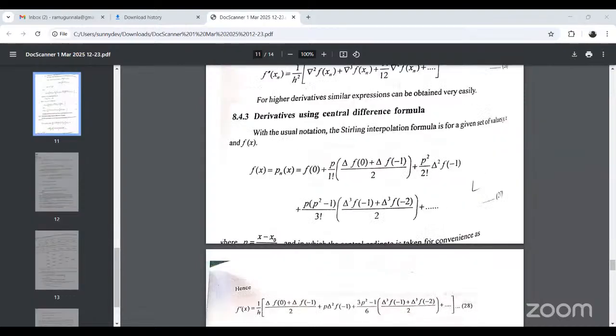Okay. Finally, I should tell one thing. These are x values and y values: 2, 4, 6, 8, 10, and corresponding y naught, y1, y2, y3, y4.